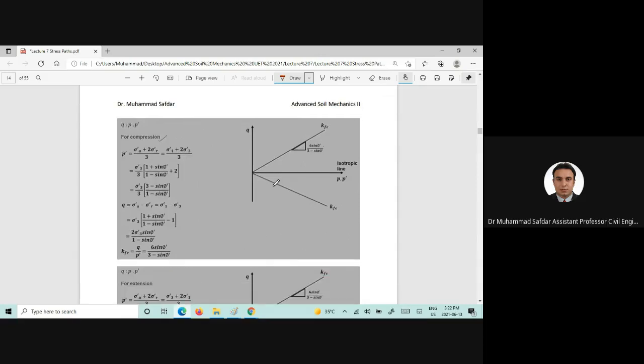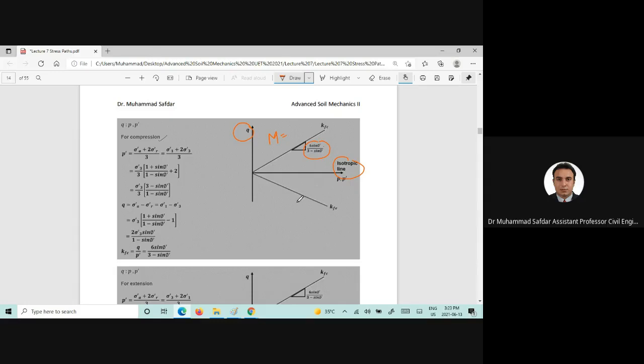Now, if we are going to plot the data in the q and p prime plane, then we will find a slope M which is equal to 6 sine phi prime divided by 3 minus sine phi prime, and that M is known as the slope of the critical state line, which we will discuss in the critical state soil mechanics lectures.